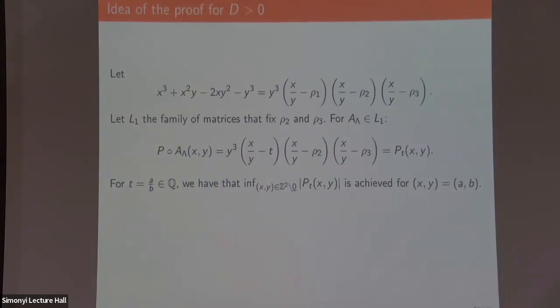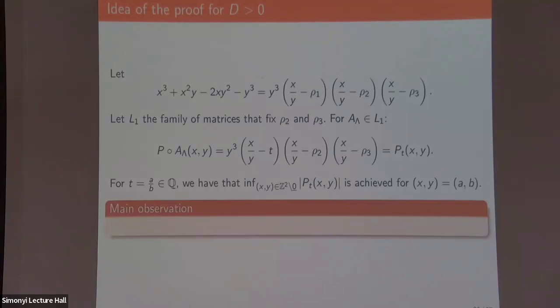So just like before, notice that if this variable becomes a rational number, this infimum is immediately 0. And it's not just 0, it is also achieved. It's a minimum, and it's hit by x and y being the numerator and the denominator. So the idea that solves the problem here is that this property is almost locally stable around convergents of rho 1.